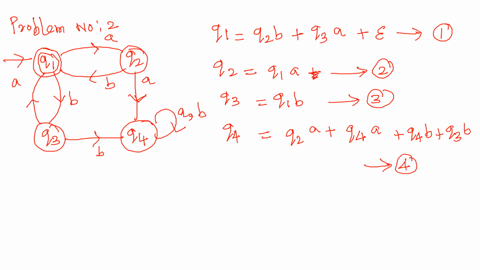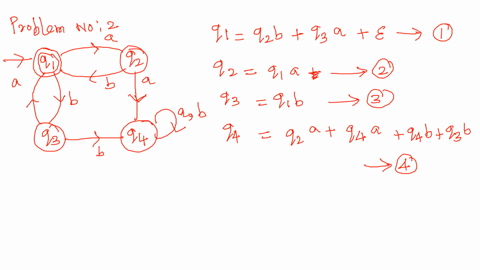Now you ensure whether it is possible to apply Arden's theorem. Among the equations you have to ensure any equation satisfies the condition of Arden's theorem. No one does, so we have to simplify it first.